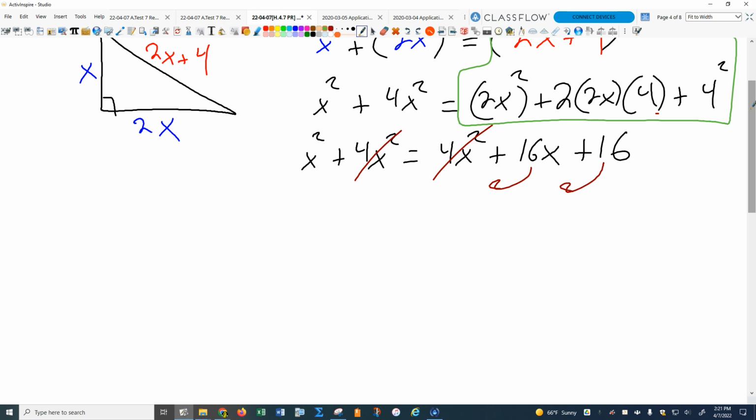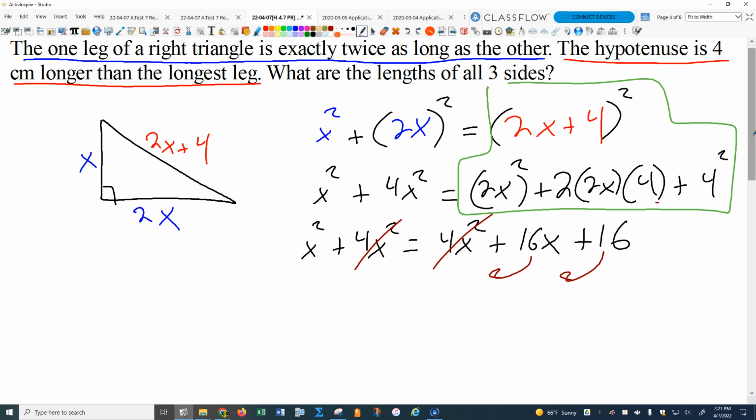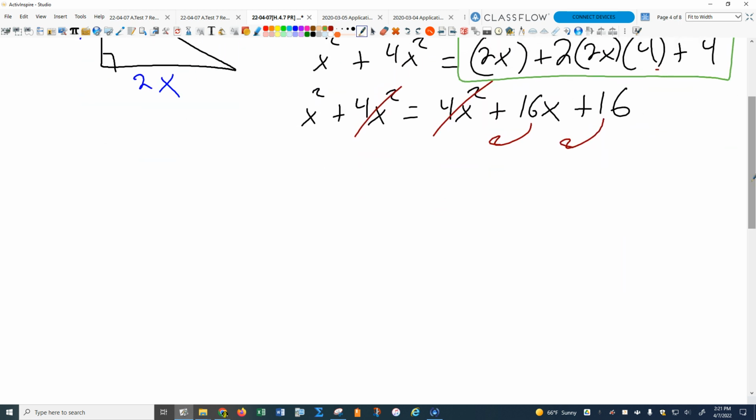Okay, does that make sense? Okay, and then that's what's on this side of the equation because we just squared out the red expression. The other side was just x squared plus 4x squared, right? So then when I simplify the entire equation, I could subtract 4x squared from both sides, so those go away. I'm going to subtract the 16x over there and the 16, and I get x squared minus 16x minus 16 equals 0.